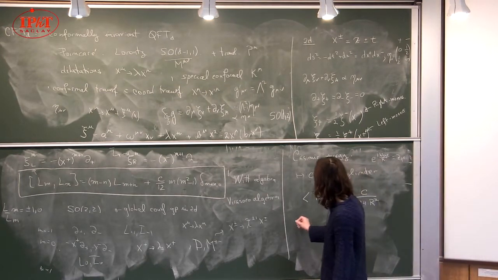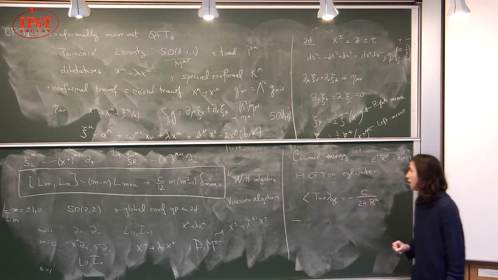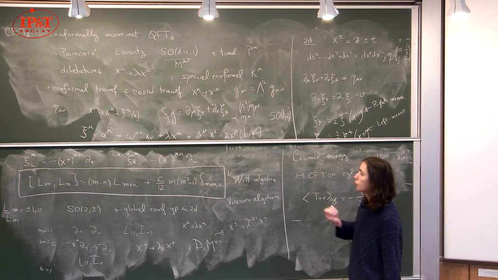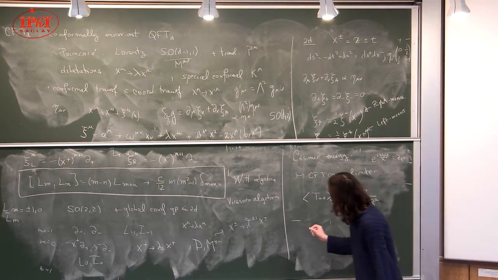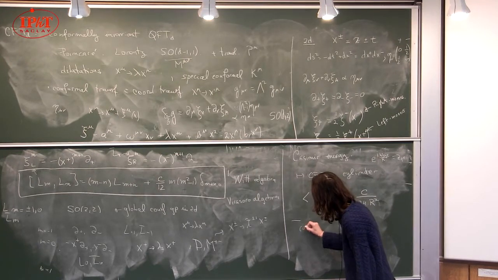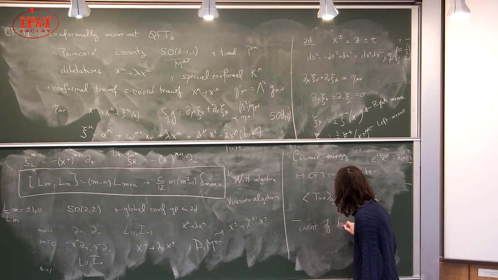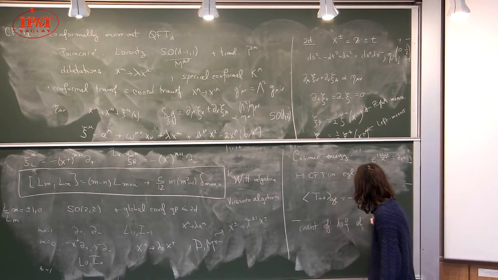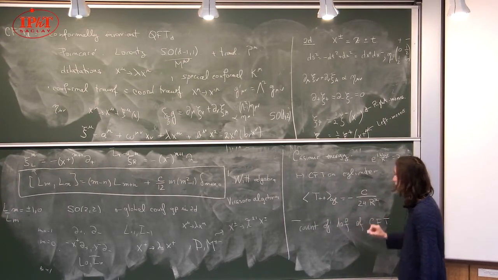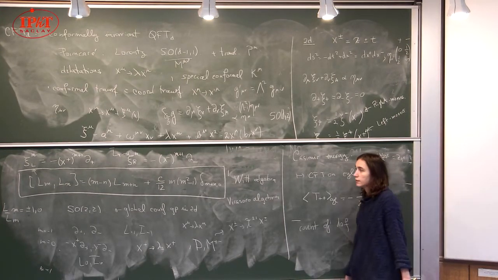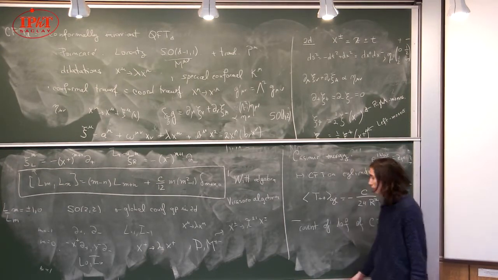There's a somewhat related interpretation: the central charge is a count of the degrees of freedom of the CFT. The larger the c is, the more degrees of freedom it has.